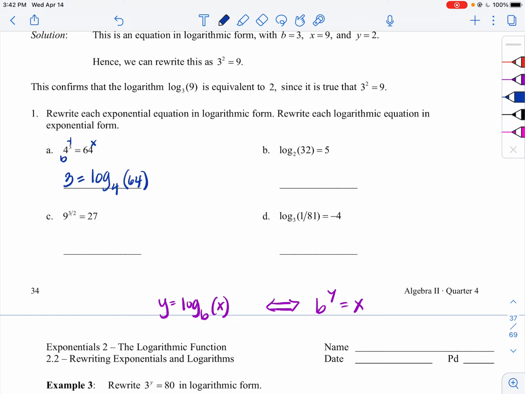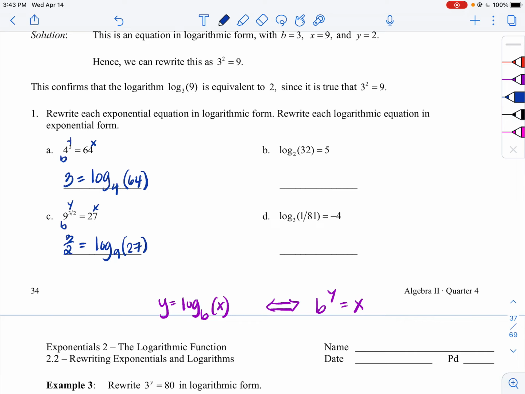So maybe it's easier to name. Yeah, this is our b, that's our y, that's our x. So when we put them together, that would be 3 over 2 equals log with a base of 9 and 27. All right, there you go.